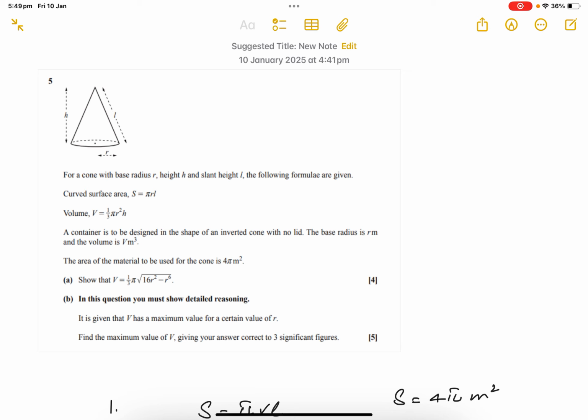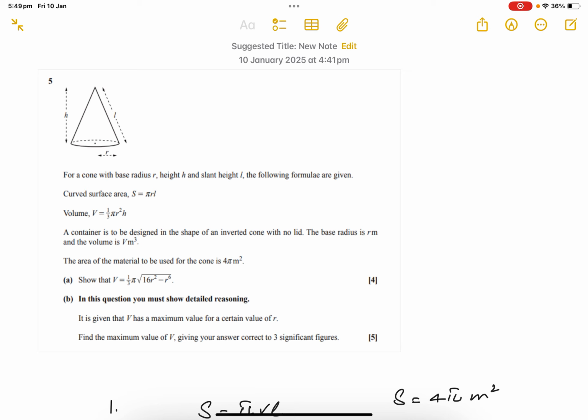Curved surface area S equals pi r l, and the volume V equals 1/3 pi r squared h. The container is to be designed in the shape of an inverted cone with no lid. The base radius is r, and the volume is V meter cube.